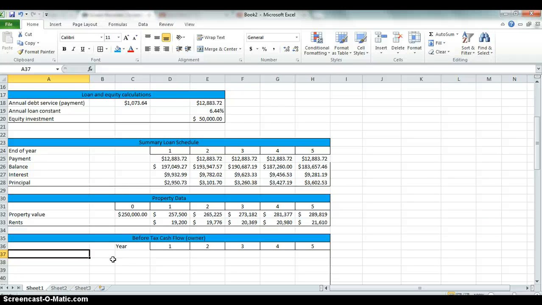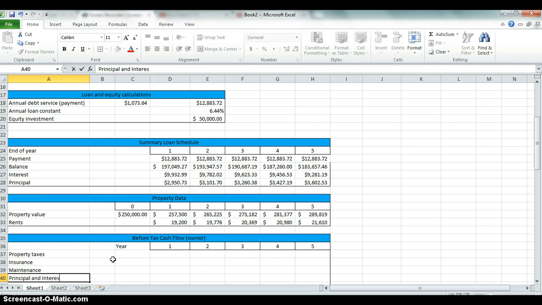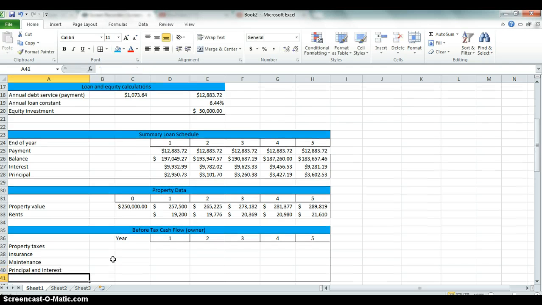Now we're gonna need property taxes. We're also gonna need insurance, maintenance, principal and interest, and finally cash outflows before taxes.